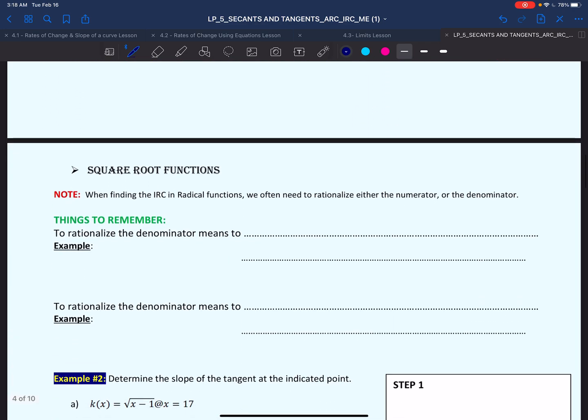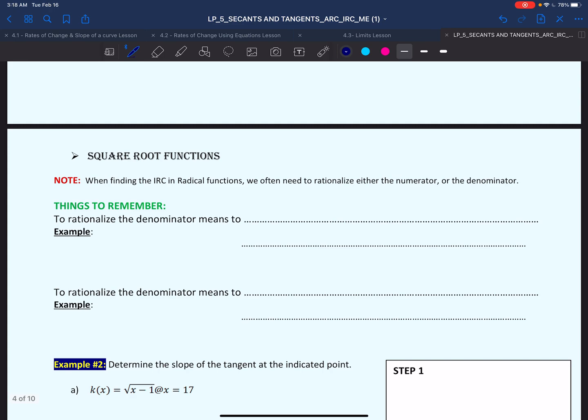Next, we're going to take a look at the square root function. Now, a few things to remember. When we are finding the instantaneous rate of change in radical functions, we need to rationalize either the numerator or the denominator. Now, to rationalize the denominator means to multiply both numerator and denominator by the conjugate of the denominator.